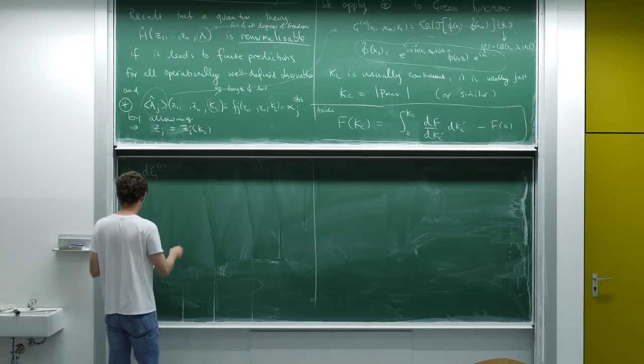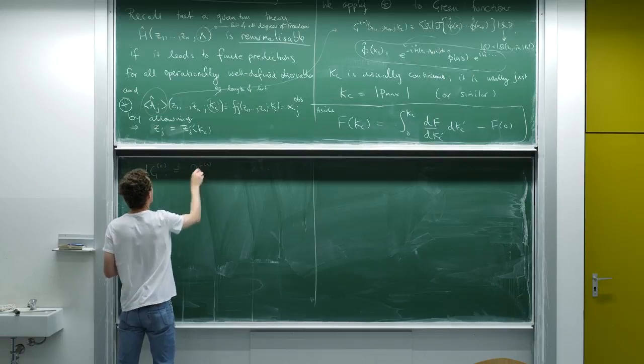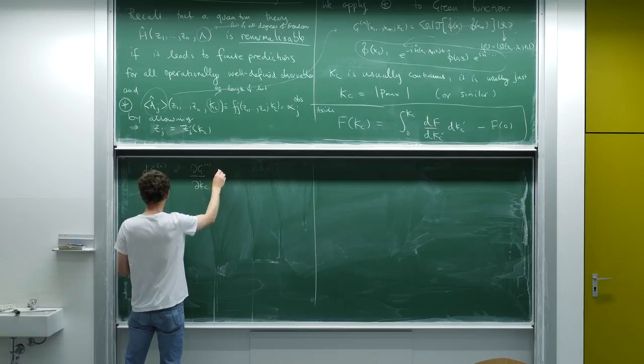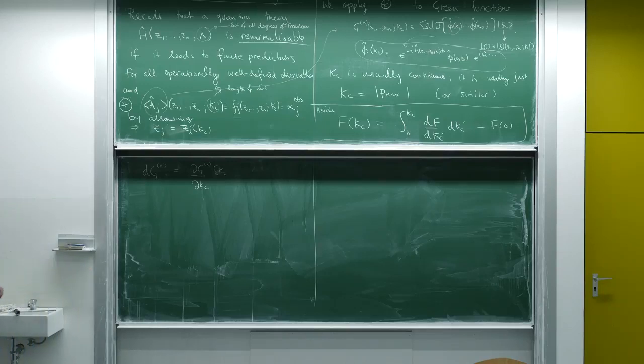So how does the Green function change? Well, the Green function depends on kc, so it better be the case that as you change kc, there's some change of the Green function directly depending on kc.